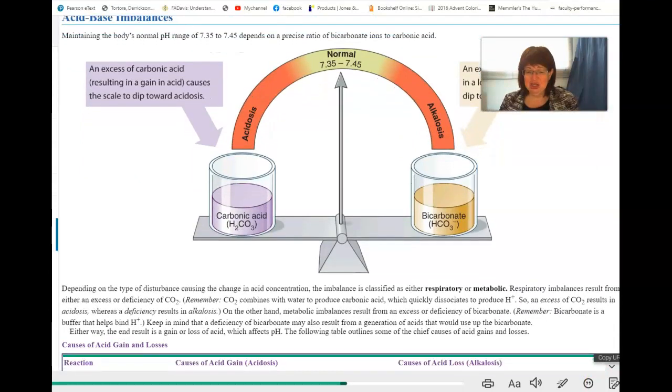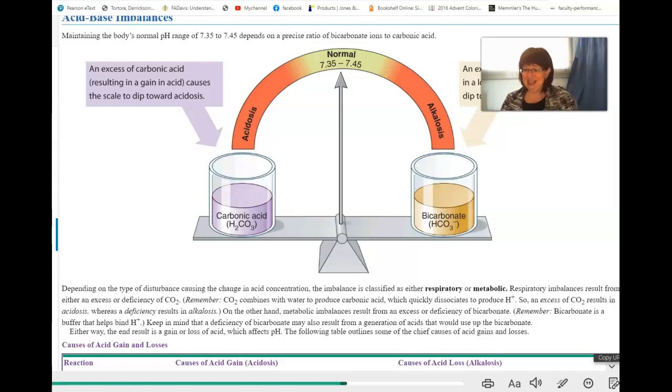Now, there is a situation where if your lungs aren't working correctly, you can't blow off enough carbon dioxide, your blood will become acidic, and your kidneys will compensate. So that's sort of like the compensation. If your kidneys aren't working properly to regulate that hydrogen, your lungs will compensate and blow off more carbon dioxide.